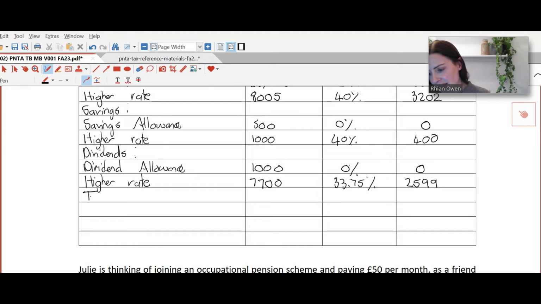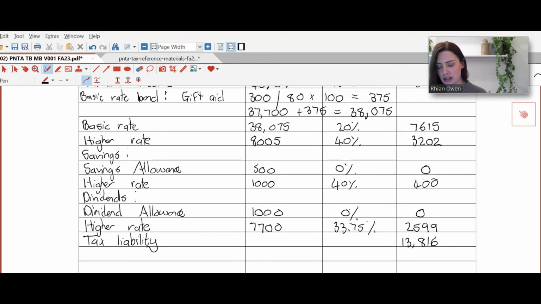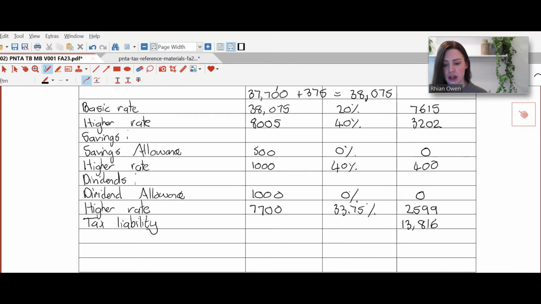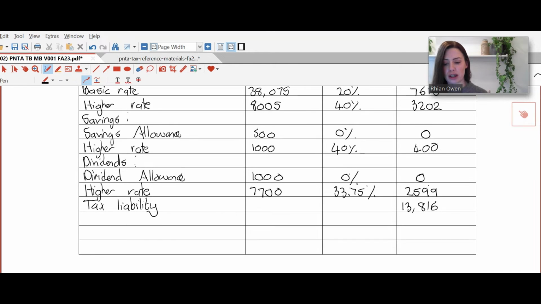That gives us a tax liability of £13,816. So that is totaling up the 7,615 plus 3,202 plus 400 plus £2,599.